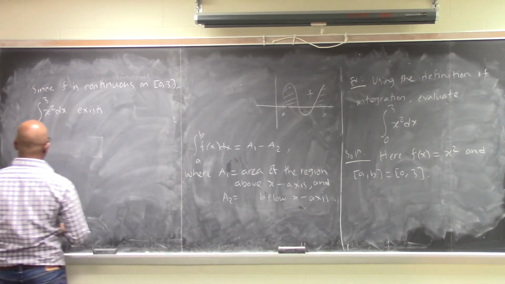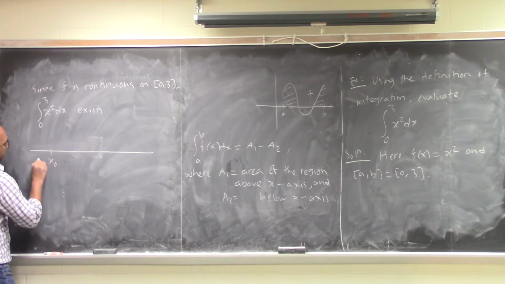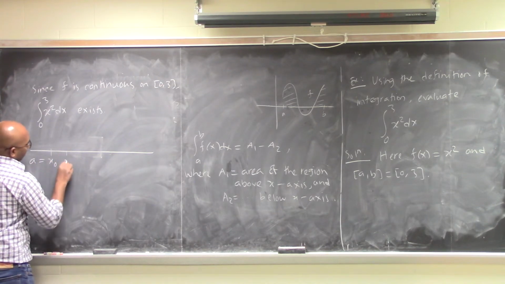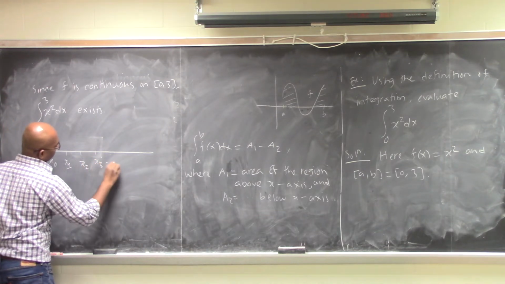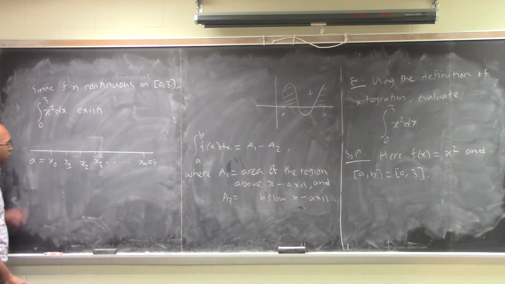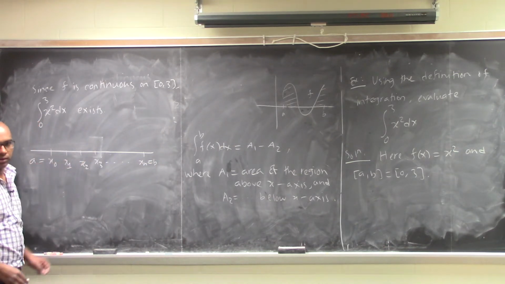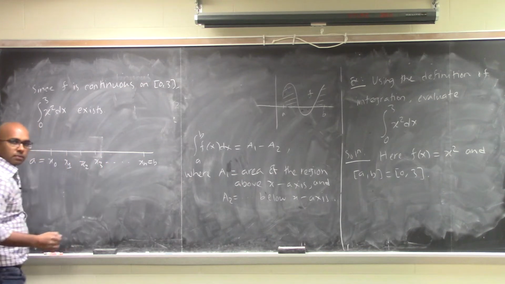But I'm going to show you one more time. So this is x sub 0, which is your a, and then you get x sub 1, x sub 2, x sub 3, and so on, and the last one is x sub n, which is b. Okay, so that's your interval. You got this partition. Now notice all these subintervals have the same length, right?